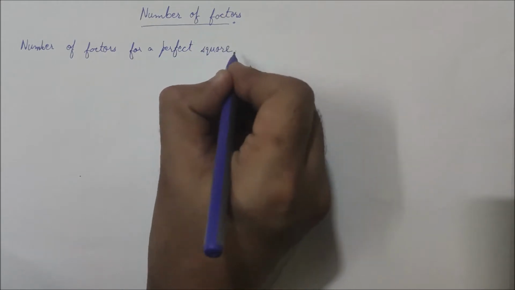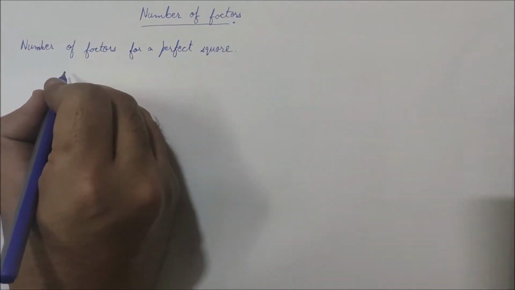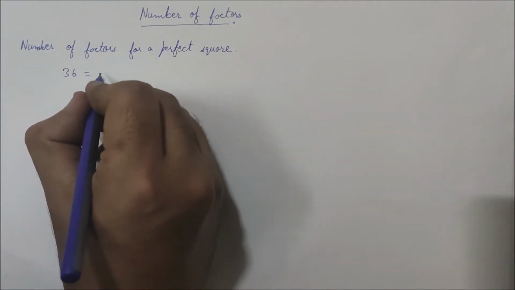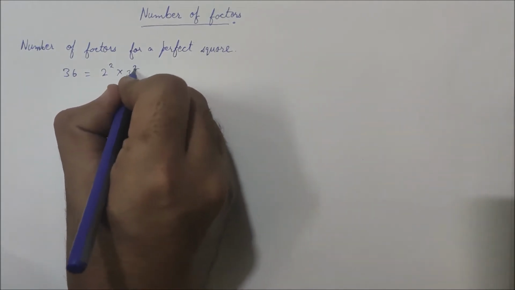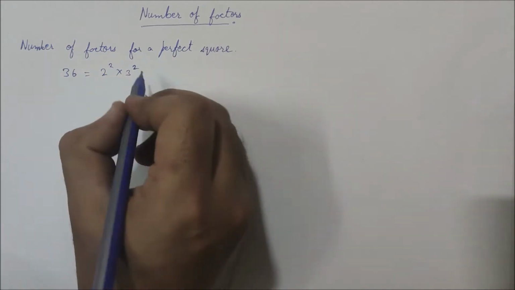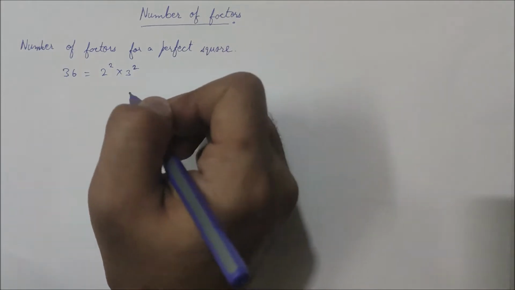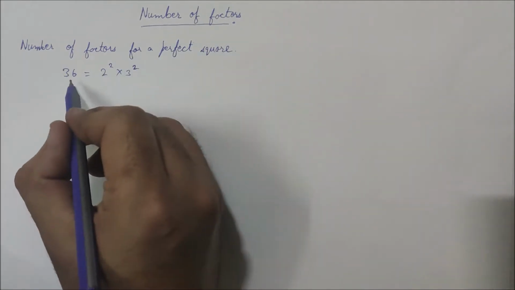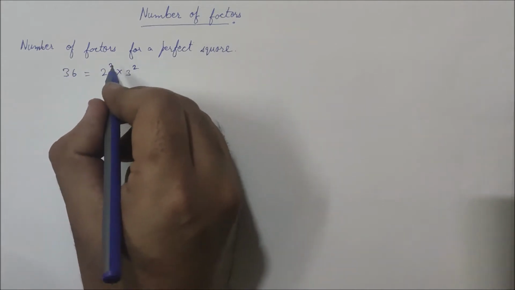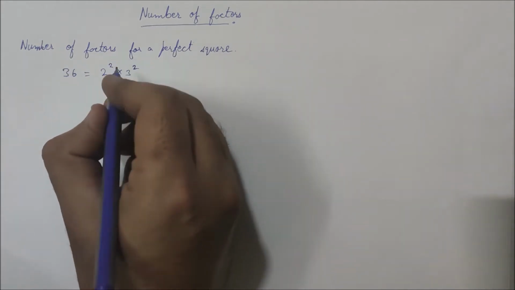I'll take a number, let's say 36. I know that the prime factorized form for 36 is 2 square into 3 square, right? 2 square is 4, 3 square is 9, 4 into 9 is 36. So this is a prime factorized form which I am very comfortable with. And I know that 36 is a perfect square, it's a square of 6. So let's see what are the number of factors for this number.